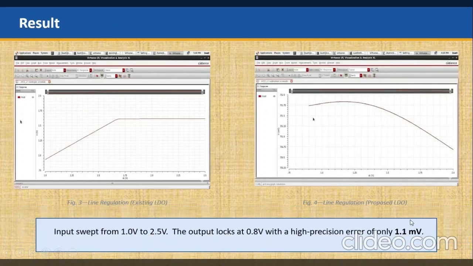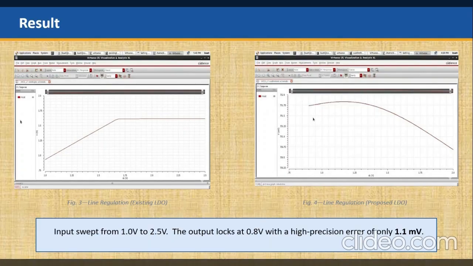So this is the line regulation output of both the existing and proposed designs. I verified my innovation using a rigorous DC sweep. In this line regulation plot, I swept the input from 1.0 volt up to 2.5 volt.